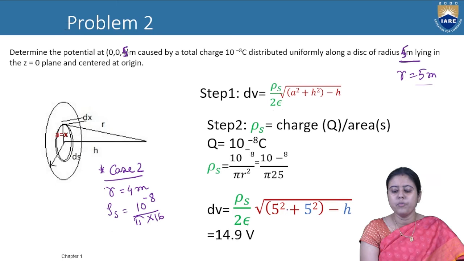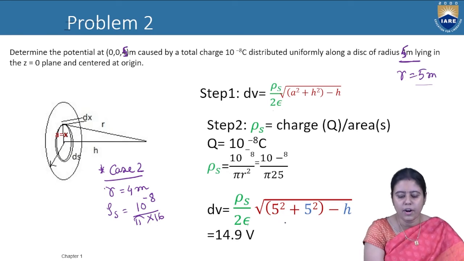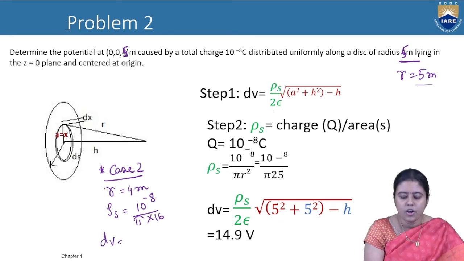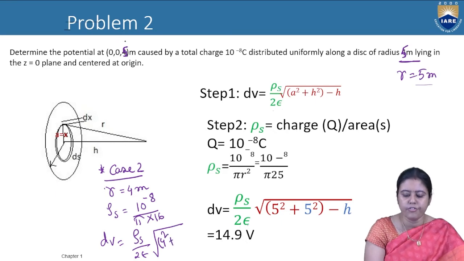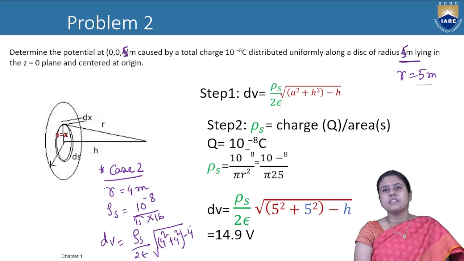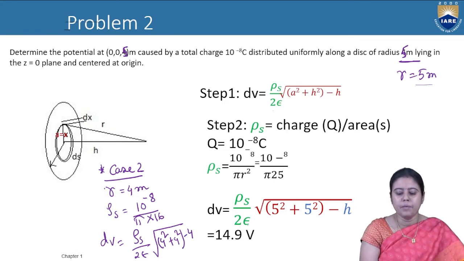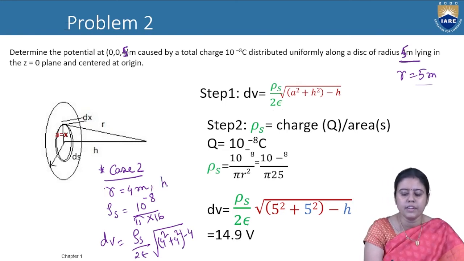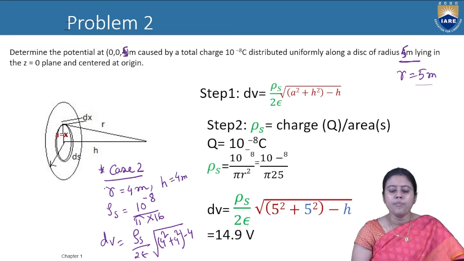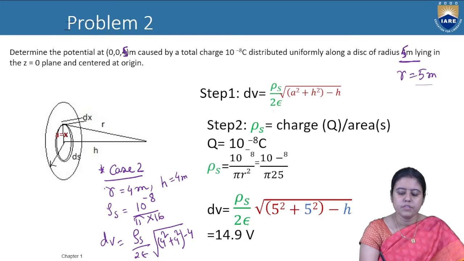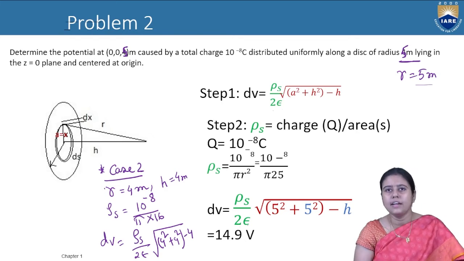The dB value will be rho s by 2 epsilon root of 4 square plus 4 square minus 4, if the height is also 4. So this is the only change if the radius is equal to 4 meter and height is equal to 4 meter. This is another case, same problem with another value.